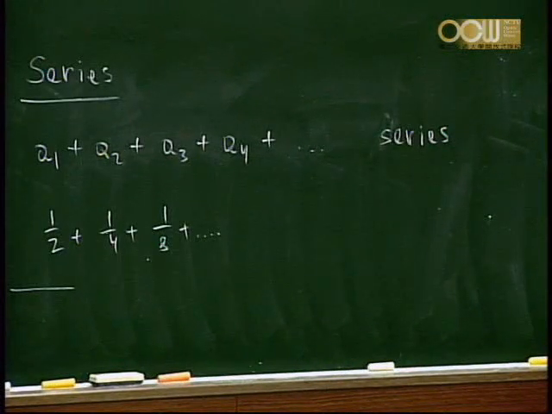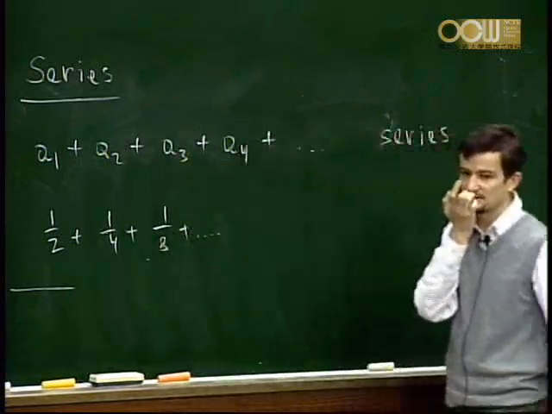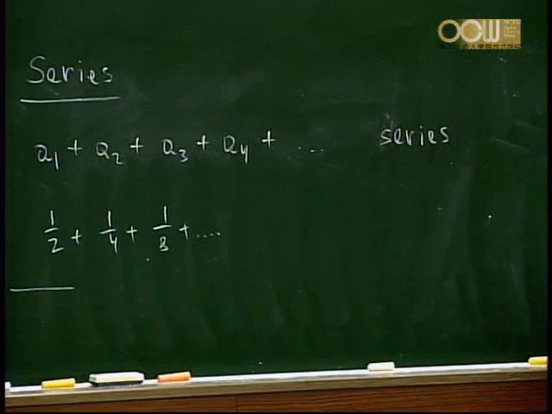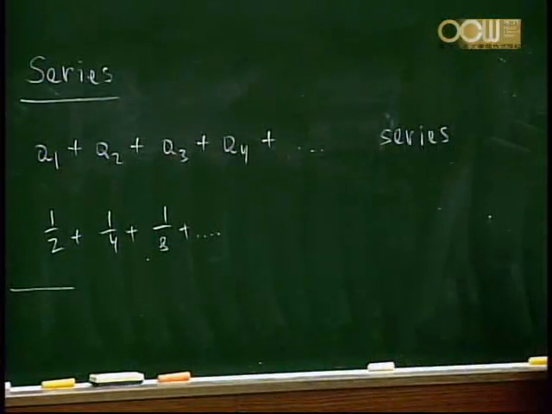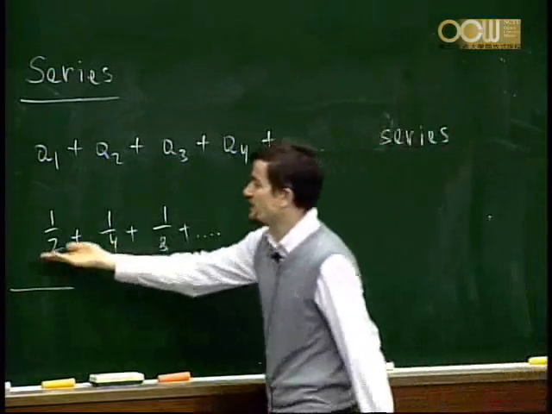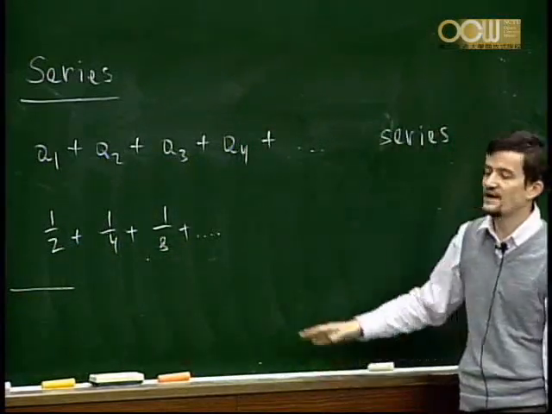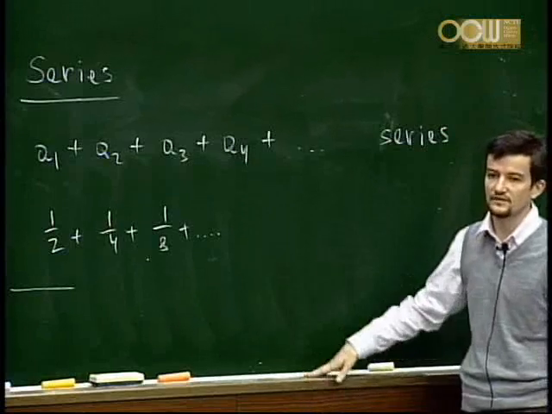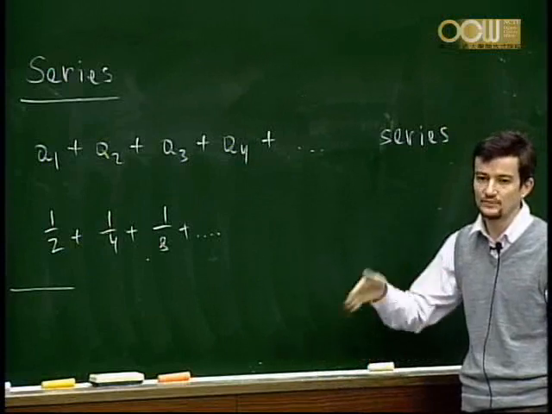Now, in order to give something like this sense, you need a notion of limits. The way we give this kind of expression sense is, obviously, we do not carry out the whole summation. We first just add the first term, then the first and the second, then the first, second, third, and so on. And in doing this, you naturally get a sequence.